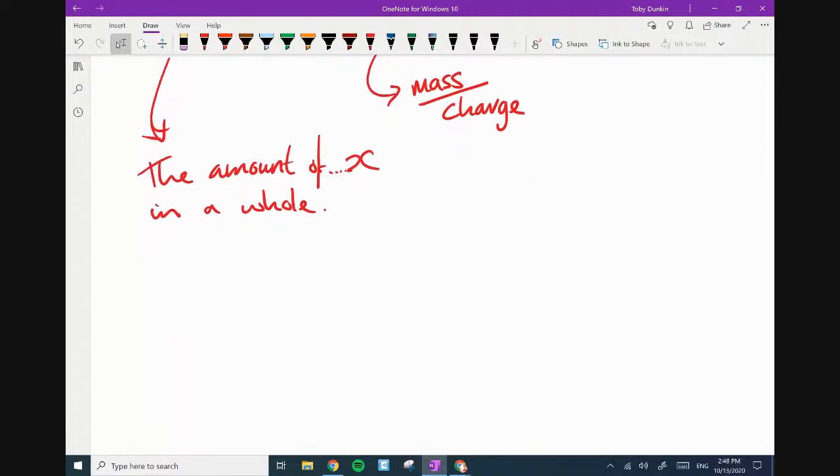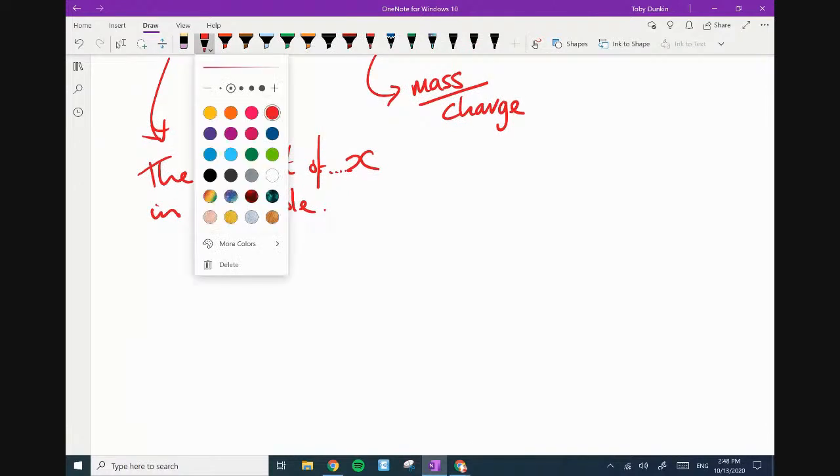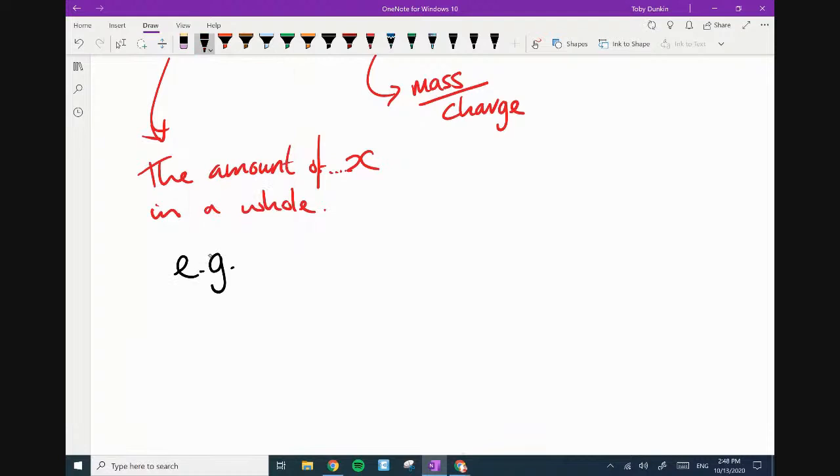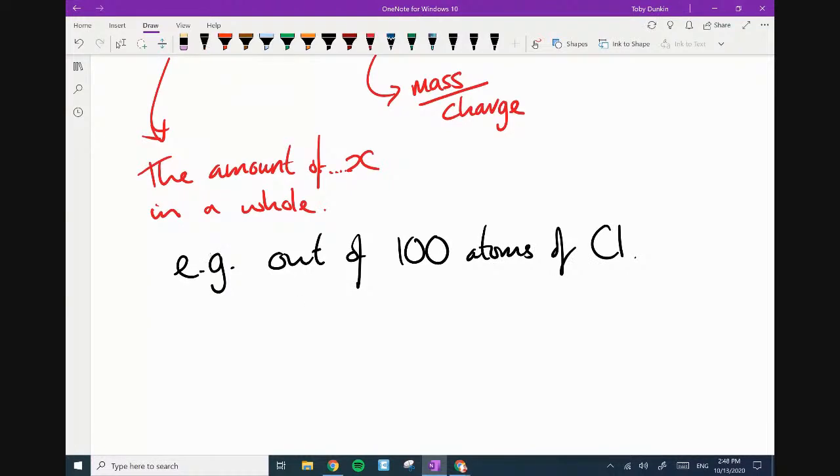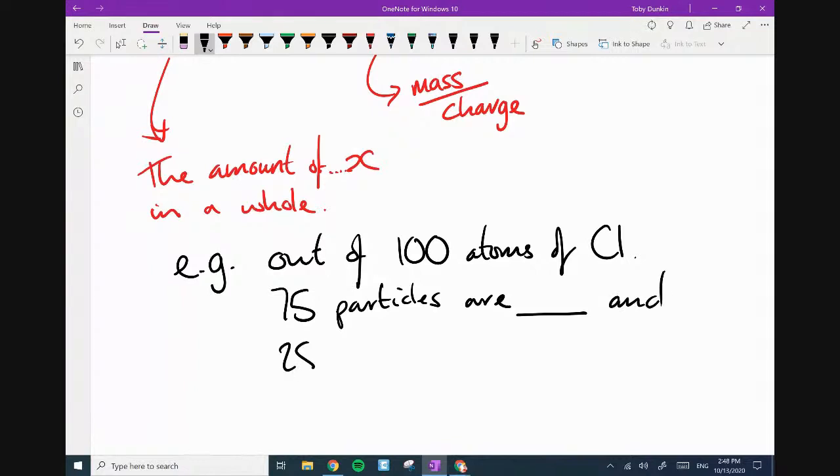So, for example, I'm going to do EG at this point. I'm going to change my color back to black. EG, out of 100 atoms of chlorine, 75 particles are blank, and 25 particles are blank.